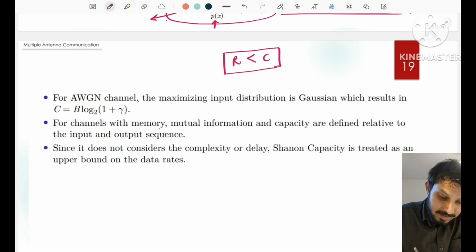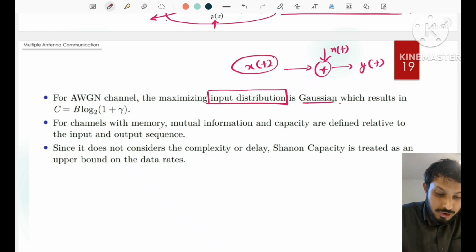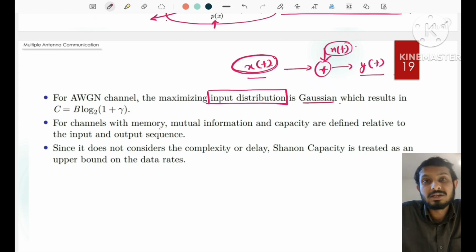And we have seen that the input distribution that maximizes this mutual information is Gaussian. That means if we have this addition of noise here, we have y of t, then x of t. So we need to find out what is the distribution of x of t that maximizes the mutual information between input and output when the noise is Gaussian.